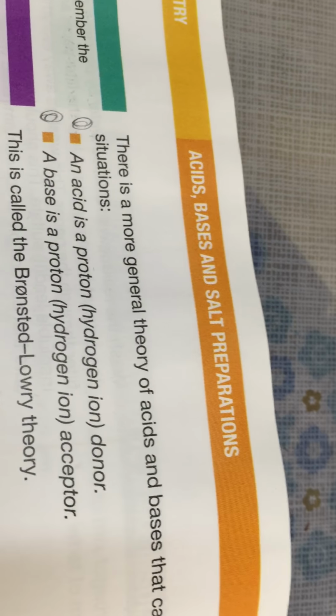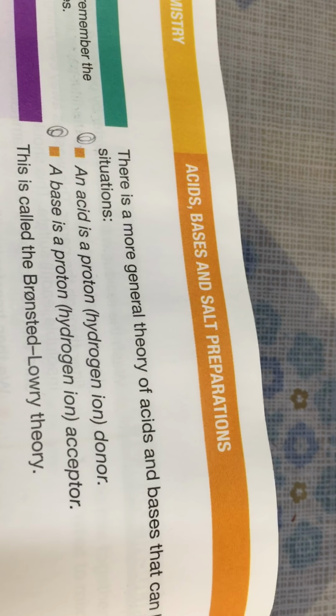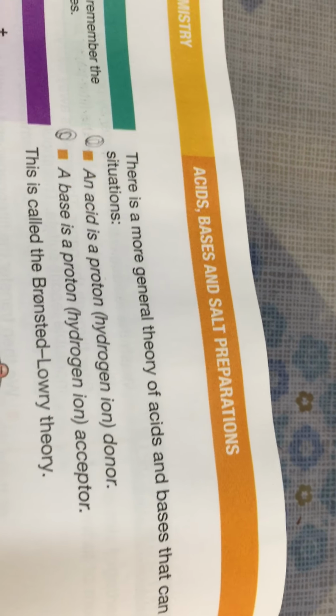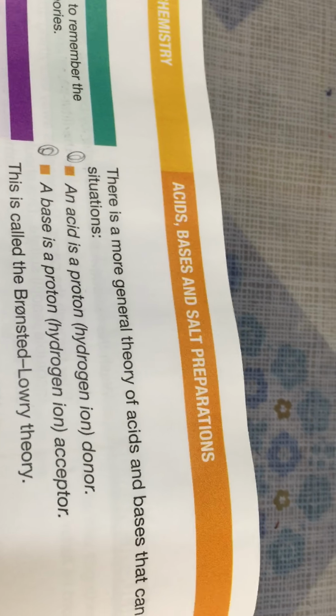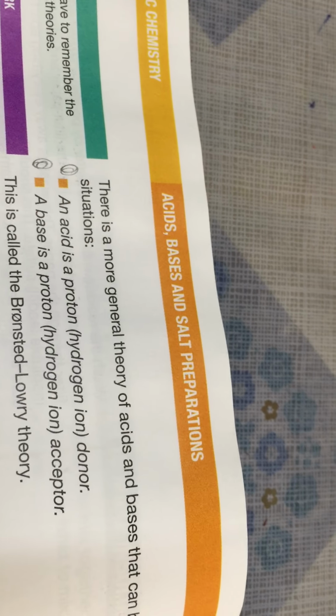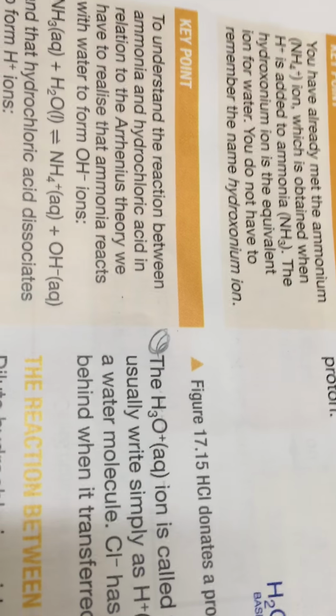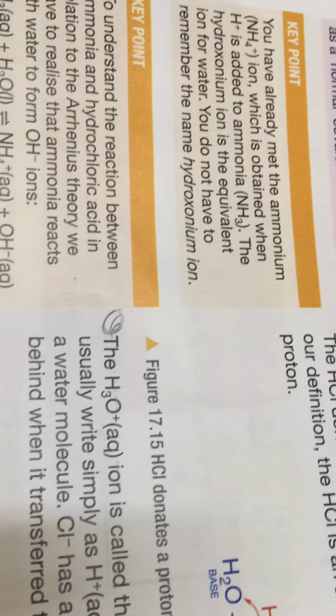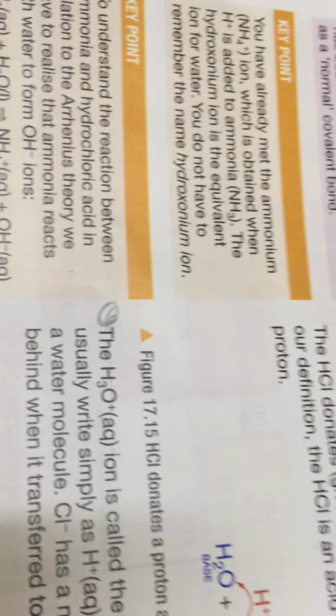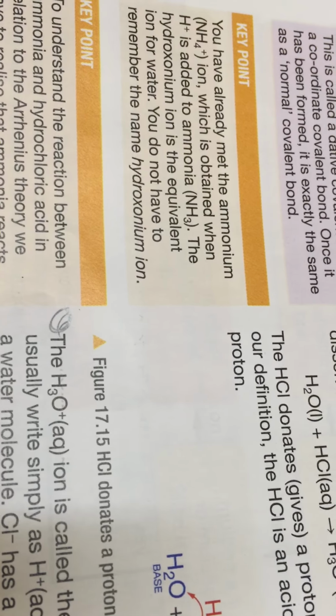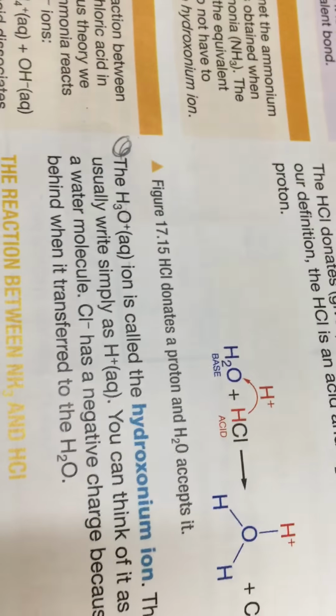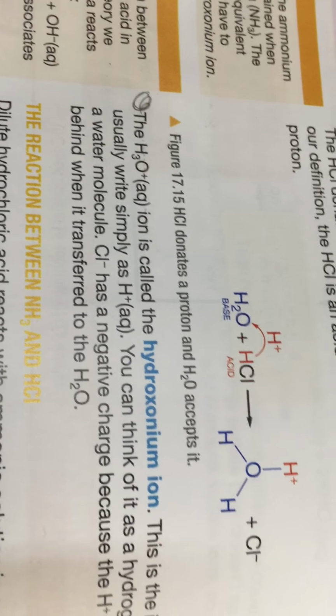Important definition: base, hydrogen receptor. The thing that receives the hydrogen of an acid, we call it a base. I also want you to know that we have what we call the hydroxonium ion, which is H3O positive. This appears when you dissolve an acid in water. Hydroxonium ion.